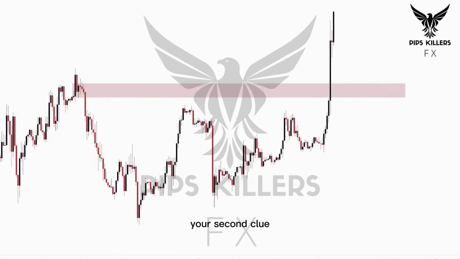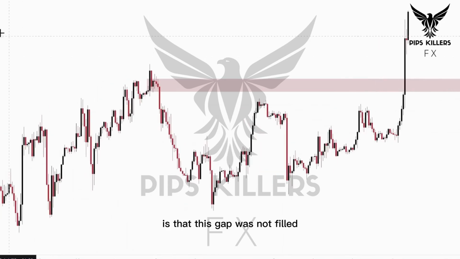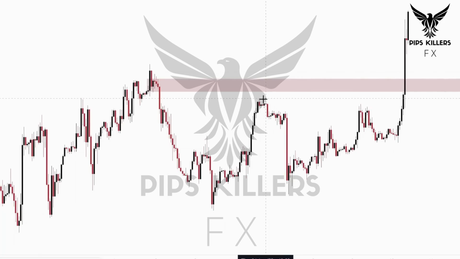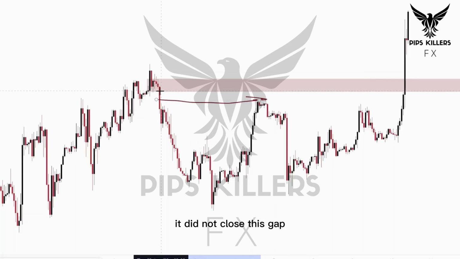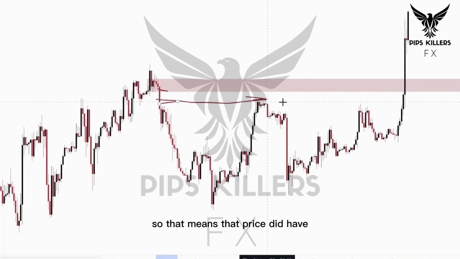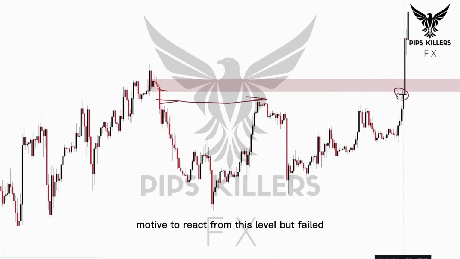Your second clue is that this gap was not filled. You see price here? It did not close this gap. The gap was from here to here, and price did not close this gap all the way. That means price did have motive to react from this level, but failed. And so what does that mean?